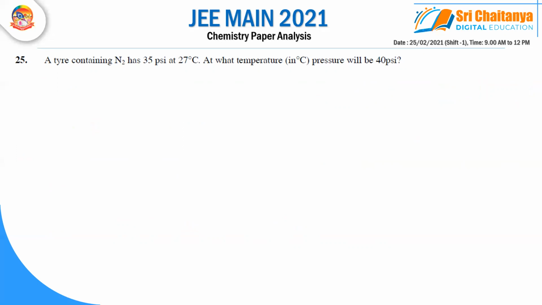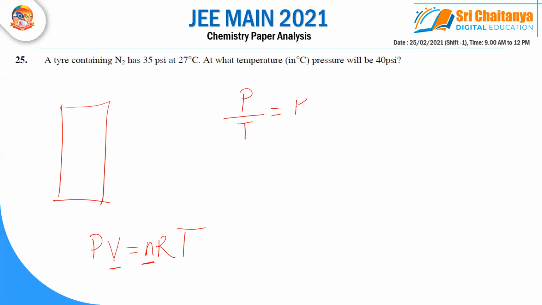Next we have a tire. It's an ideal gas application question. The tire is considered a constant volume container where volume is constant. And since the tire hasn't burst or it's closed, the total number of moles is also constant. You look at the ideal gas equation, number of moles and volume, they are constant. So what is left? Pressure is directly proportional to temperature. So P by T is equal to constant.